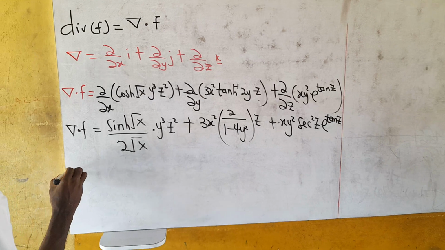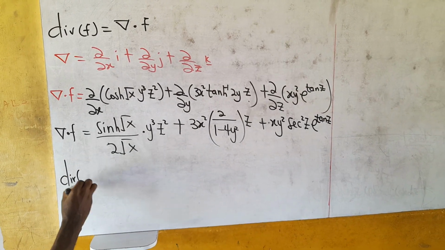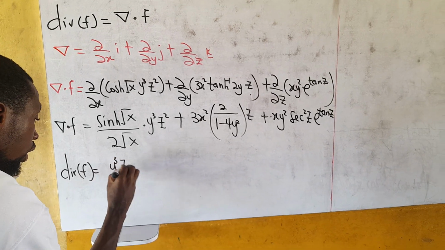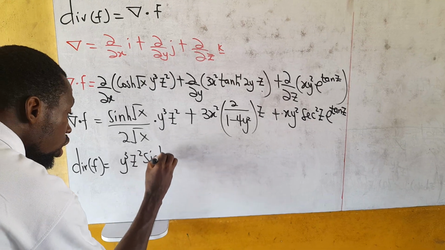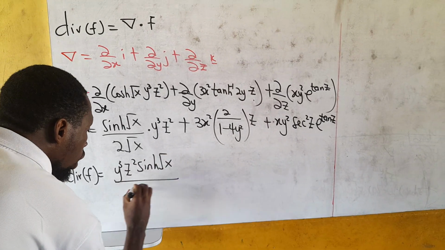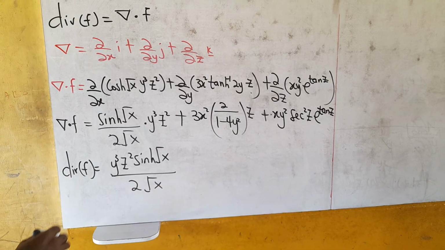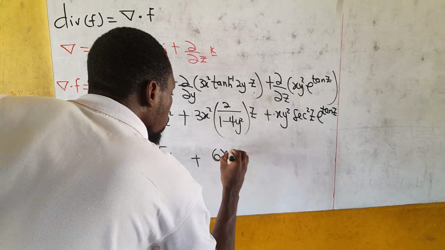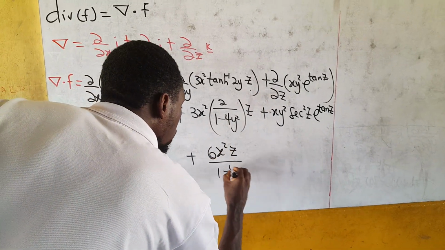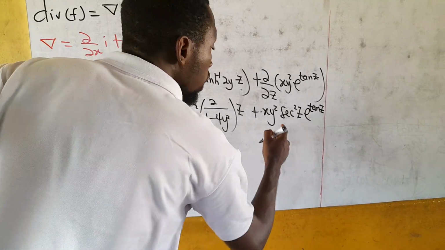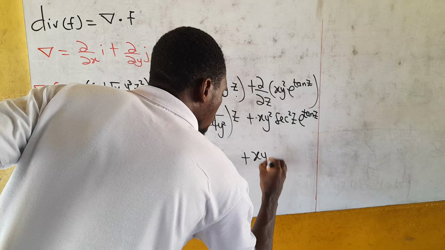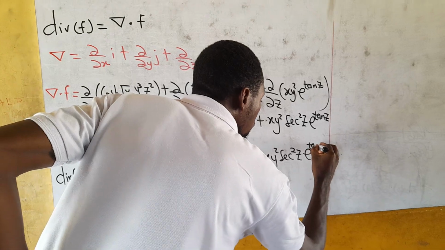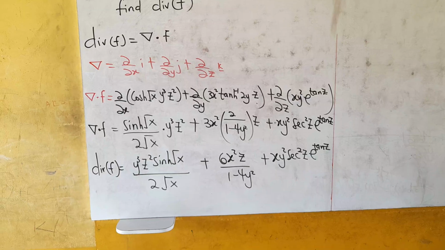So on polishing this very well, we can say our div f is equal to y cube z square sin the square root of x all over 2 root x, then plus this time used to give us 6x square z over 1 minus 4y square. Then this will just be xy square sec square z e exponent tan z, and you will be abreast with it.